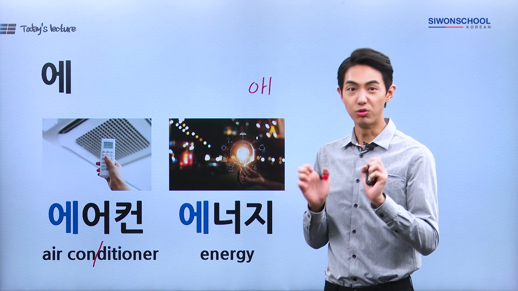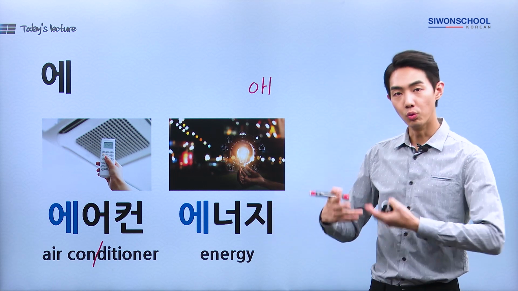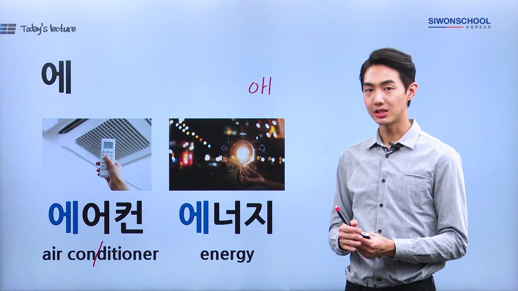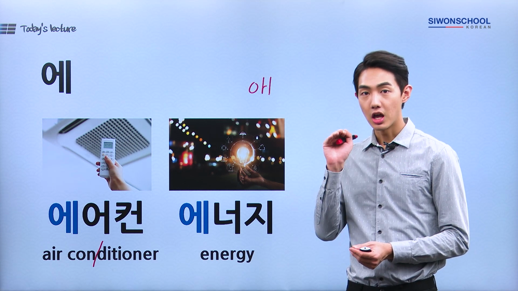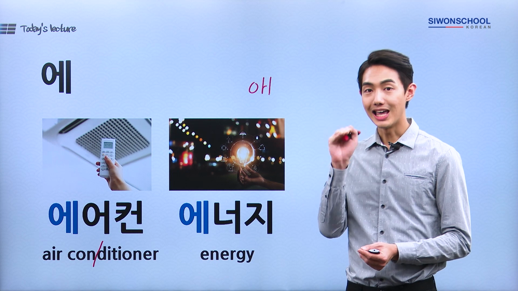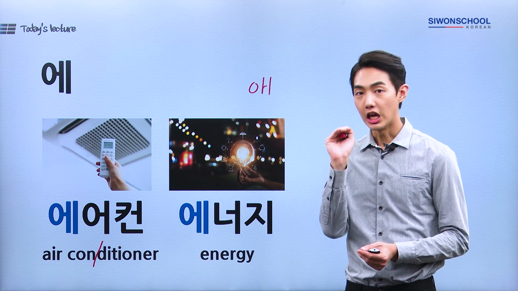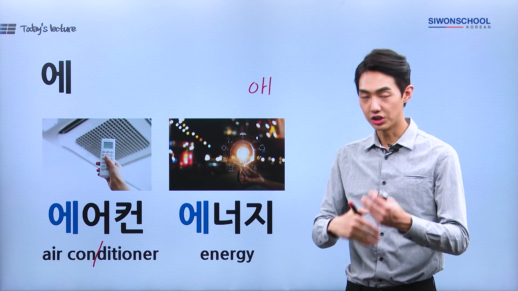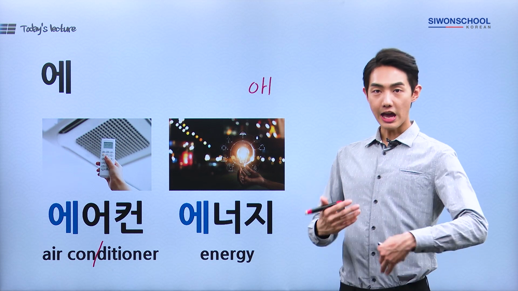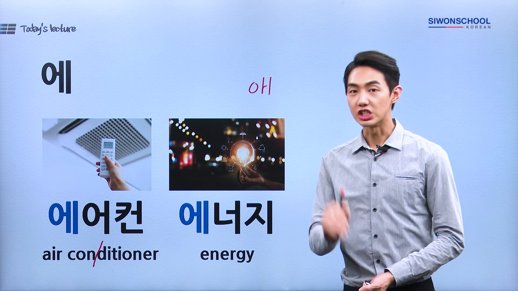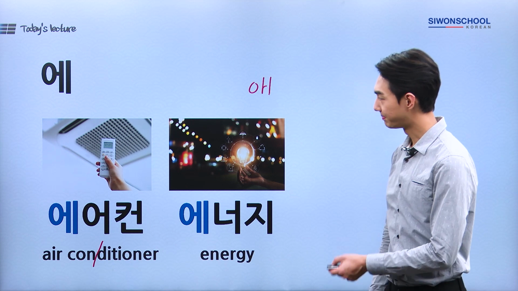Each letter is very rough sound, right? So don't roll your tongue. Try to practice it like this. 에어컨, 에어컨, 에너지, 에너지. Okay? Once you get used to it, you don't have to say energy. You say 에너지. Okay? All right.